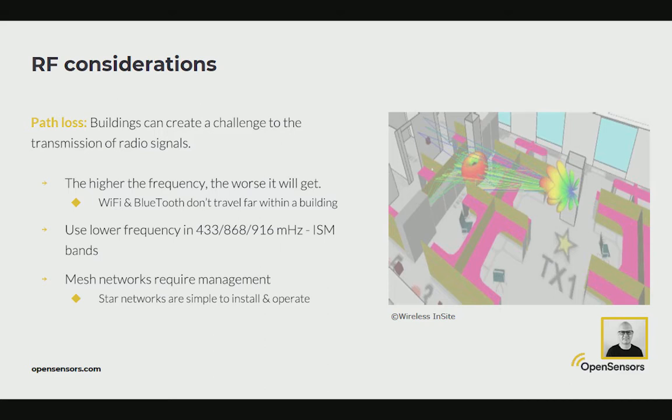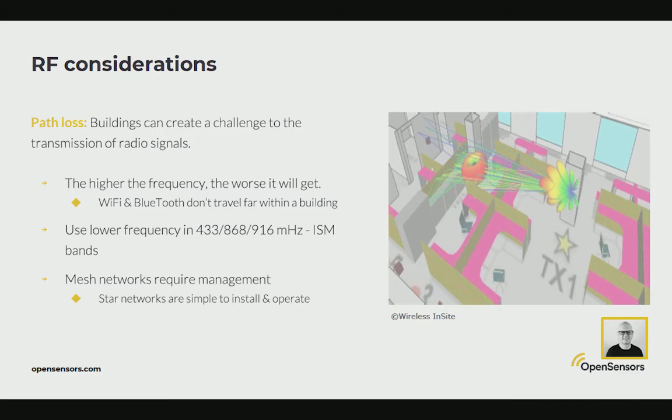That can be human beings, walls, desks, filing cabinets, whatever you find inside the built environment. When you're using high frequency technologies such as Bluetooth or Wi-Fi, your propagation inside a building is vastly reduced.